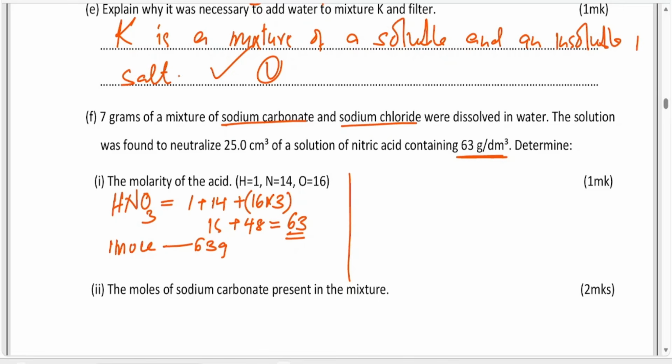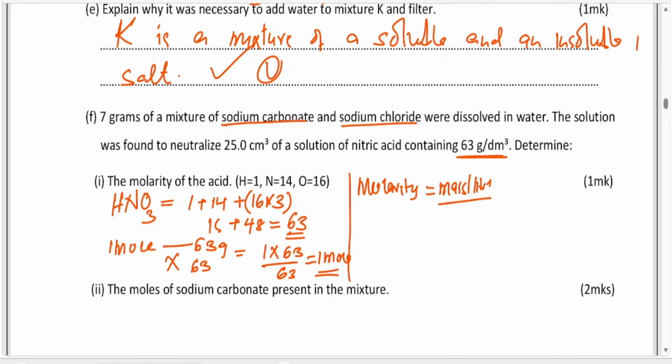We ask ourselves, what about the 63 grams that we have? We automatically get 1 times 63 divided by 63, which is 1 mole. Or we can just determine the molarity by taking the mass per liter over the relative formula mass.